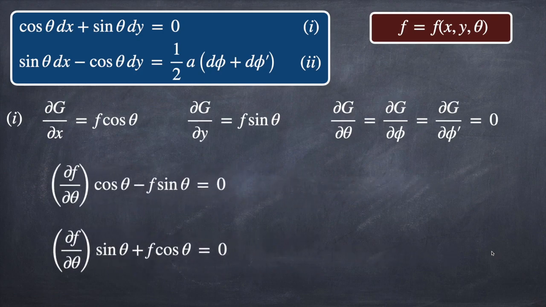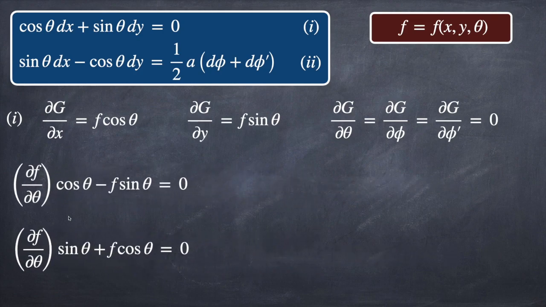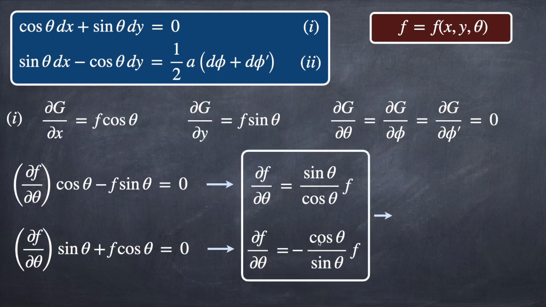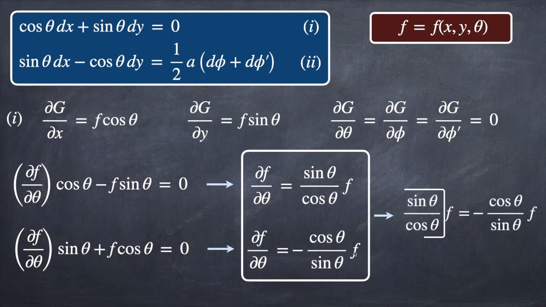Okay, so we have these two equations, both containing this factor, del f del theta, and we're going to solve for this quantity. So del f del theta is going to be equal to the sine of theta over cosine of theta multiplied by f. And for the second equation here, del f del theta is equal to the negative of cosine of theta over sine of theta multiplied by f.